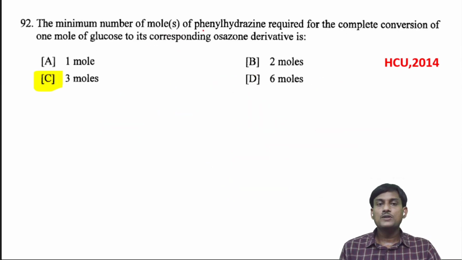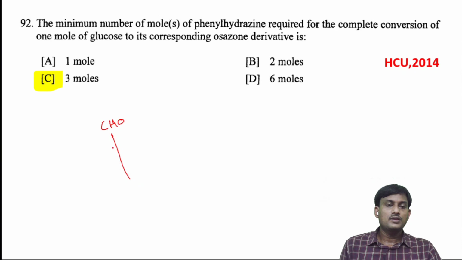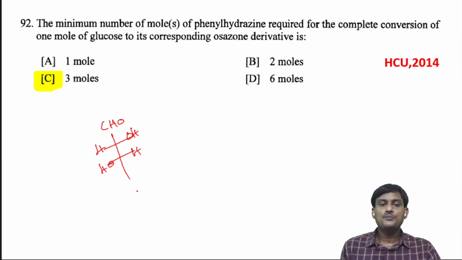The minimum number of moles of phenylhydrazine required for the complete conversion of 1 mole of glucose to its corresponding osazone is... Let's take glucose, CHO, and the remaining centers, ending with CH2OH.